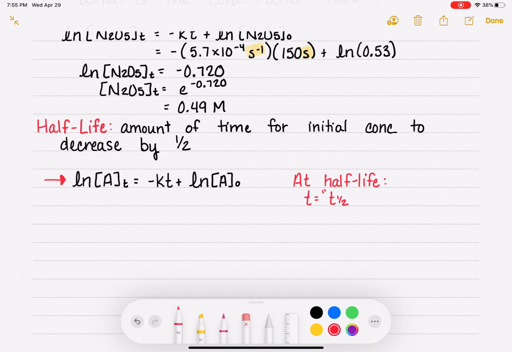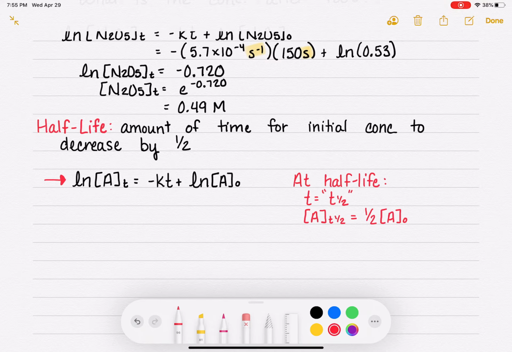So we're just going to call it t1/2 for half-life time. And we're also going to say that our concentration of A at the half-life, so at t1/2, is equal to, by definition, 1/2 of our original concentration. That's just coming from the definition of the half-life.